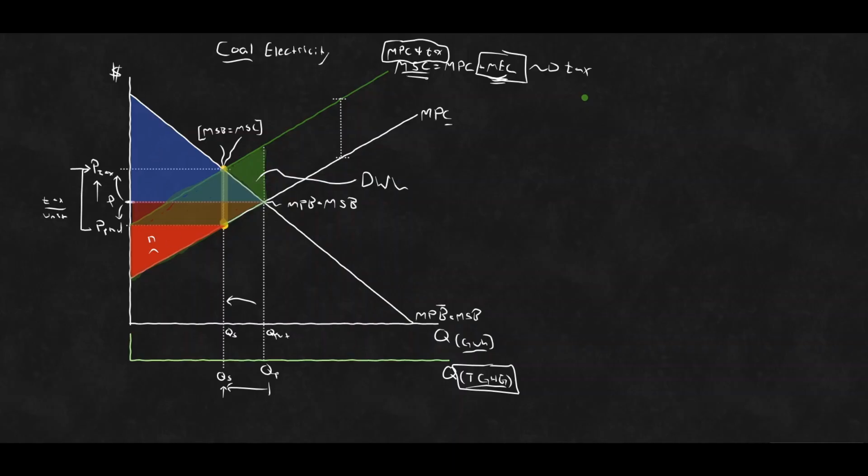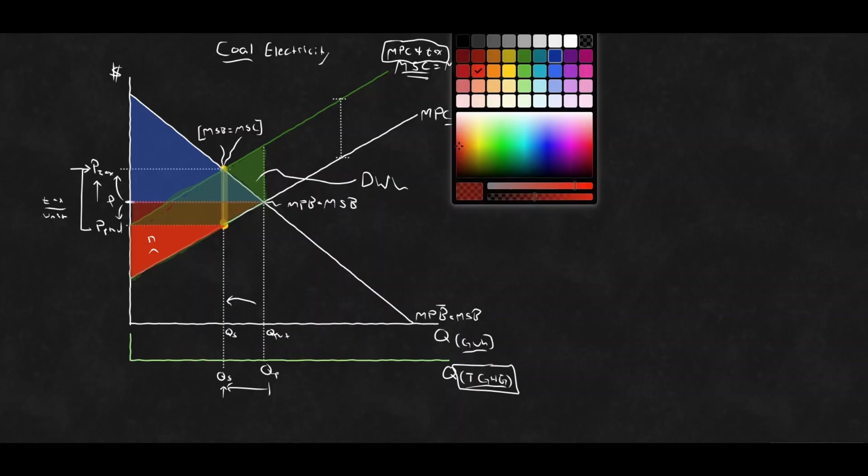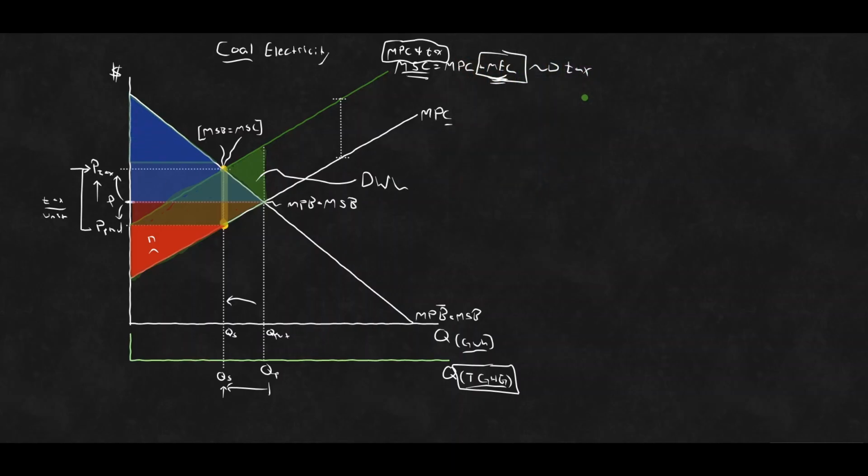What about consumers? Let's switch to blue. Our consumers are getting below their willingness to pay, above this new tax price that they have to pay. And so again, what I want you to see is that our consumers are also worse off. They used to be getting all of that blue area as consumer surplus.